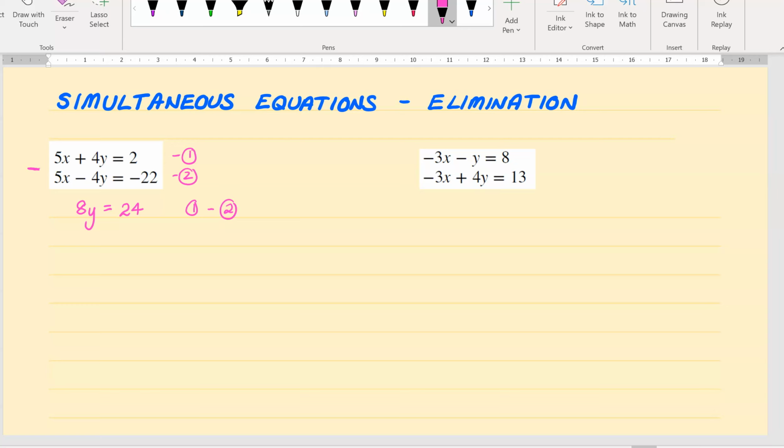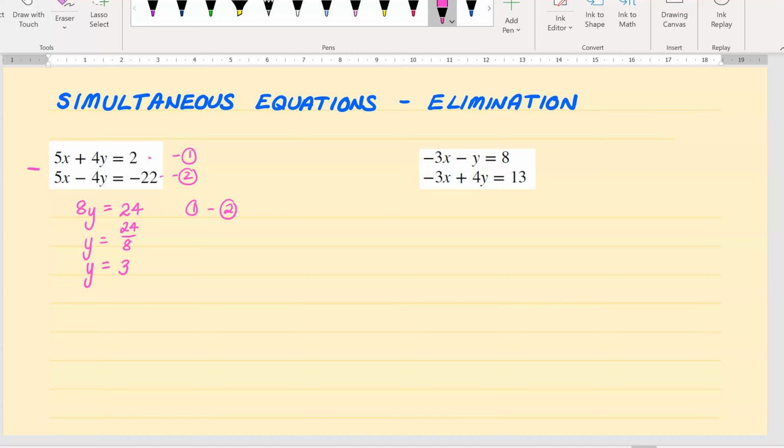Nearly done. I want y by itself here to get rid of the times 8. You guessed it, we're going to divide, so it ends up being 24 divided by 8, and that gives me an answer of 3. You think you're done, but not so fast, because we actually need to find a value for x and y. So remember, what we're trying to come up with here is a value for x and for y that I can put into both of these equations, and it will equal the 2 and the minus 22.